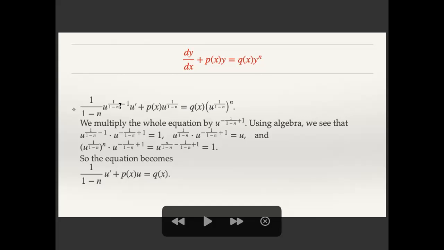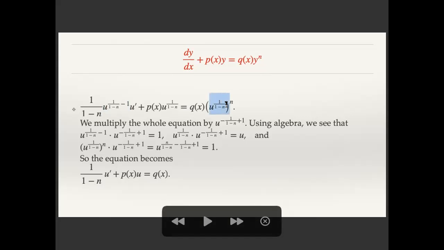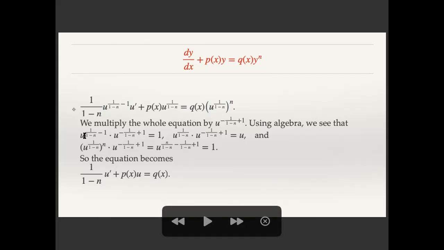Because it turns out that this is going to cancel both the first power of u and the third power of u. So again, following some algebraic manipulations, we see that u to the power 1 over 1 minus n minus 1 times this quantity gives 1, because u to some power times u to the minus some power equals 1.